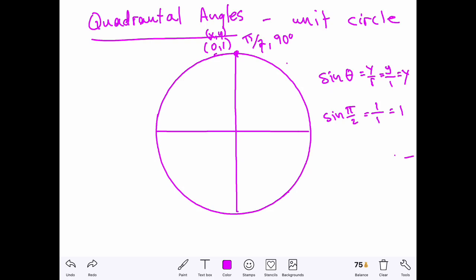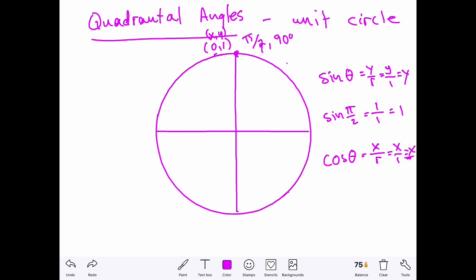How about the cosine? Well, the cosine, remember, we said was x over r, which would be x over 1, which would just be x.